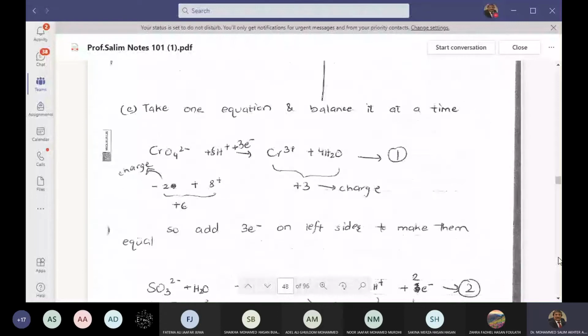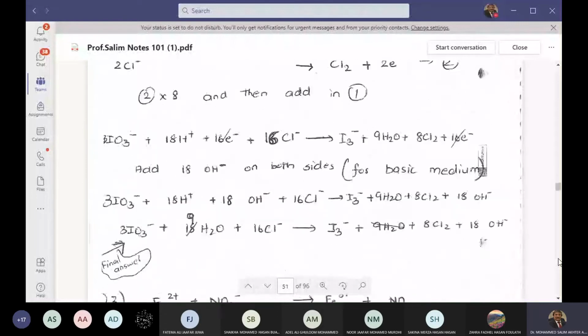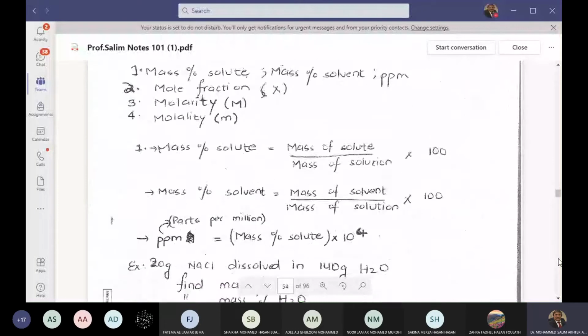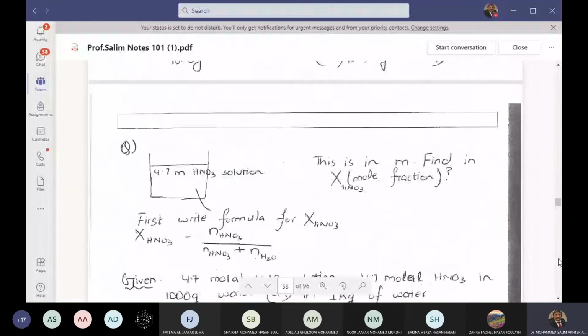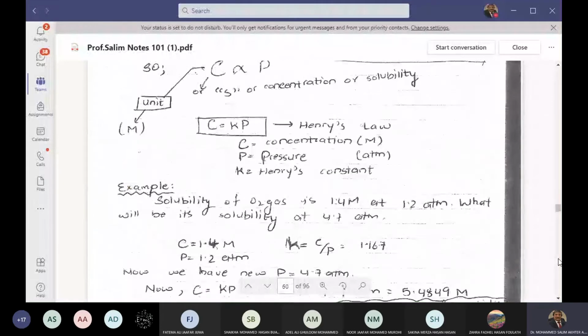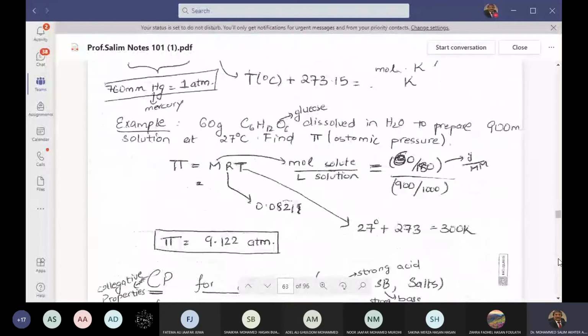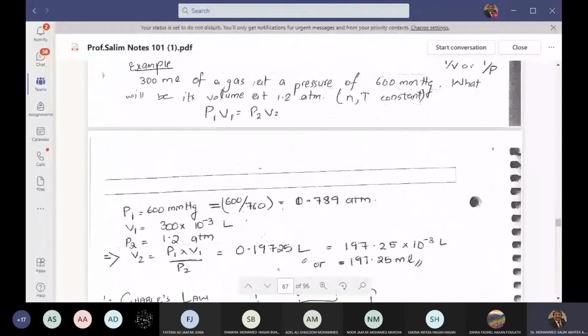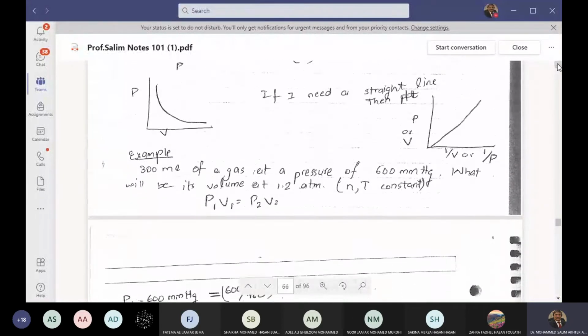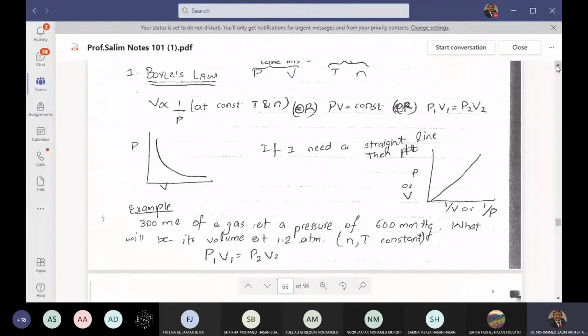For example, when we talked about Boyle's law, we said the relationship between P and V. Pressure is high, volume is low. Pressure is low, volume is high, so there is an inverse relationship between the two while keeping temperature and N constant.